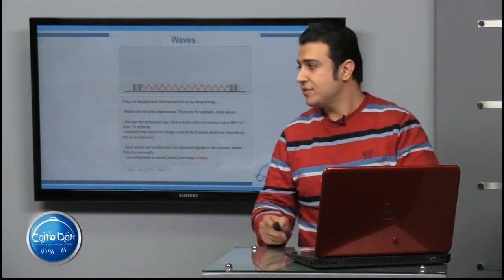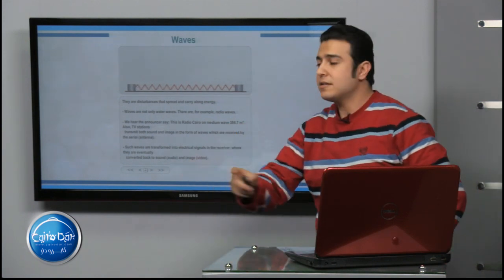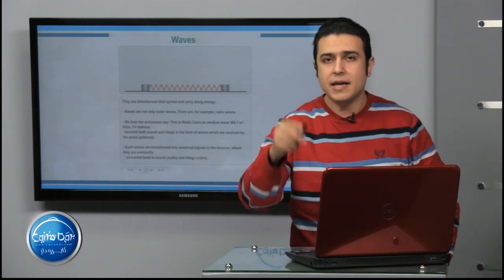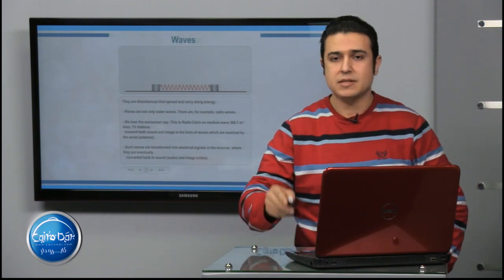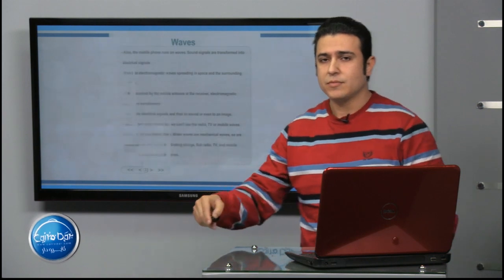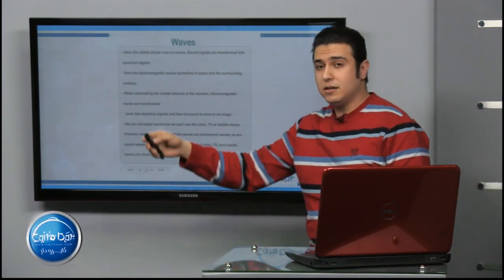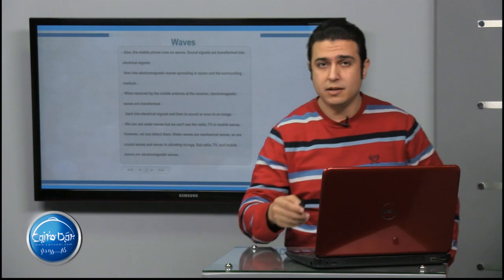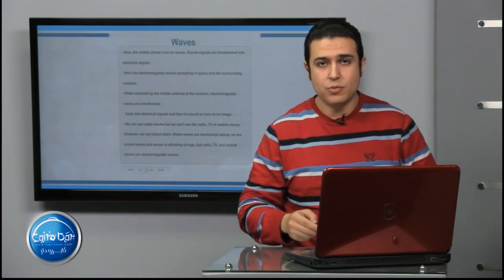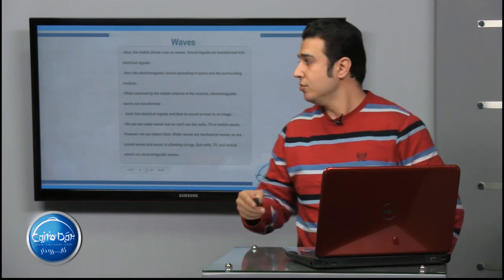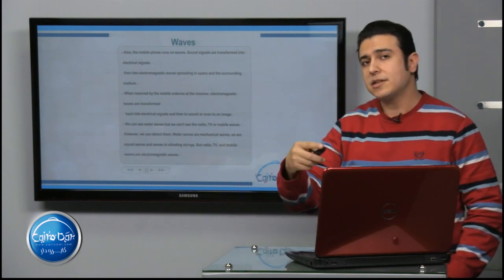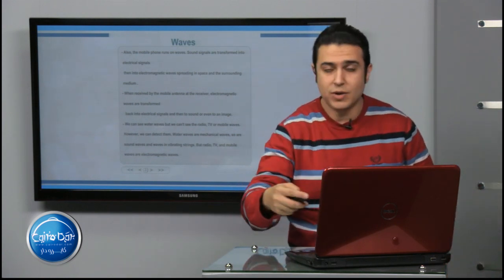So waves, as you see here, we can hear the announcer say here the radio station for any Cairo channel. That's for example. What else? Here we have also the mobile. If you have a mobile, this mobile also has an electromagnetic wave. This electromagnetic wave can be changed into electric signals, and these electric signals can be changed into sound waves.